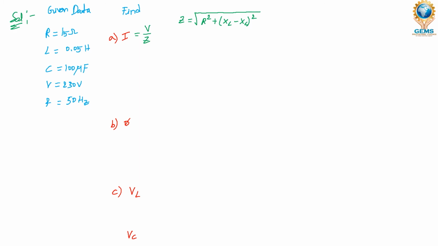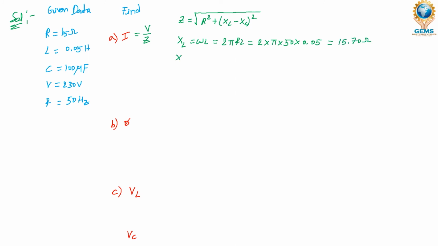For calculating this we need XL. XL equals omega L, that is 2 pi fL, 2 into pi into frequency 50 into inductance 0.05. We will get XL value 15.70 ohm.